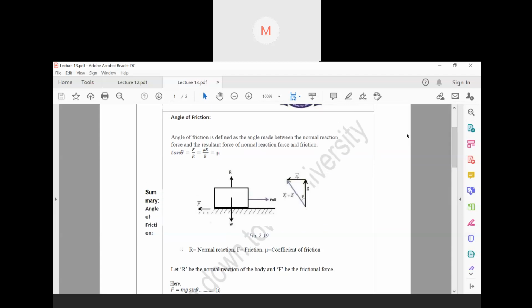Resolution of force? No. From the angle of friction point of view, what do you understand from this?